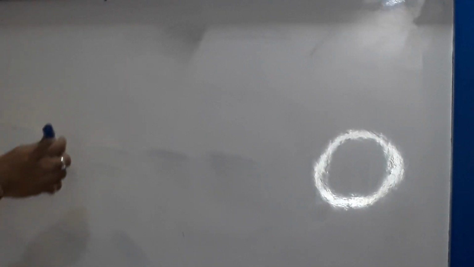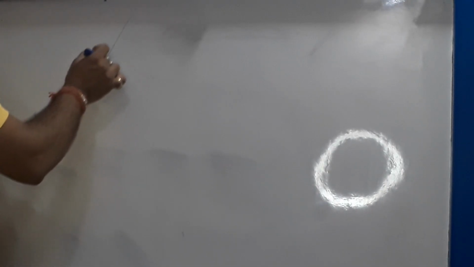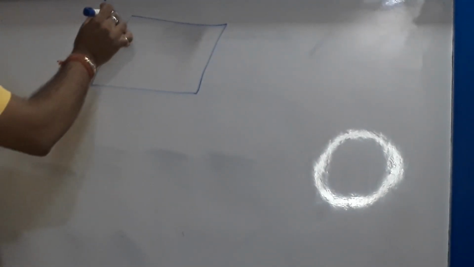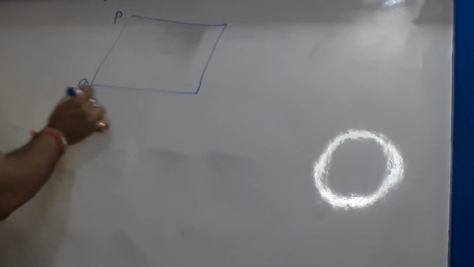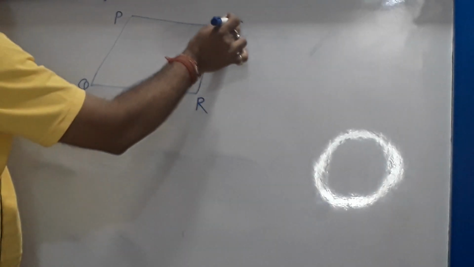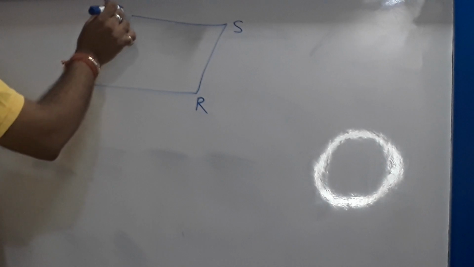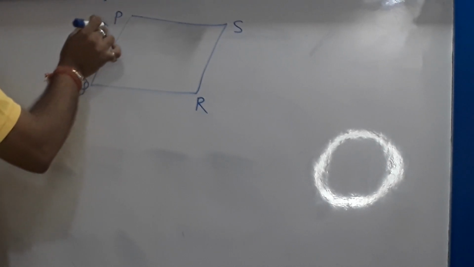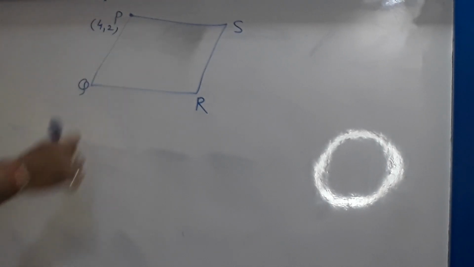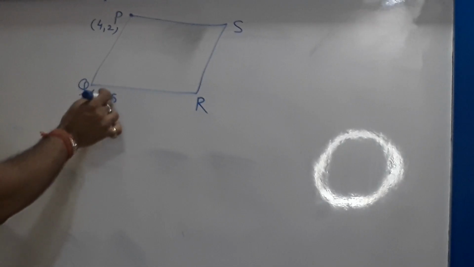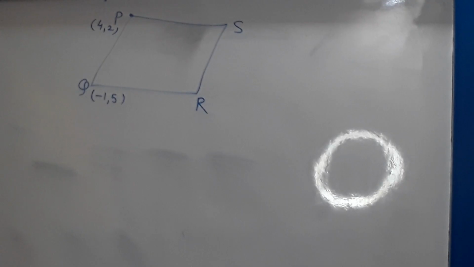Now let us solve a problem based on parallelogram. There is a parallelogram PQRS. Coordinates of P are given as 4, 2, and coordinates of Q are given as -1, 5.